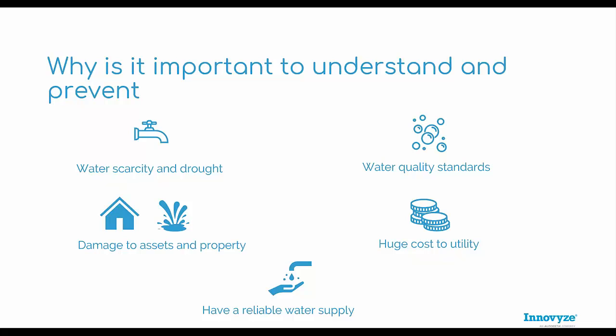And really all those things cost the utility money, whether that be in the loss of treated water, so they put the chemicals into that water at the treatment plant, and that's a loss of water, the repairs to those network assets, reputation damage and the costs that they have to give to customers, as well as performance objectives and standards that are not adhered to. So ultimately it is really important because it affects people's access to safe, reliable water all of the time.